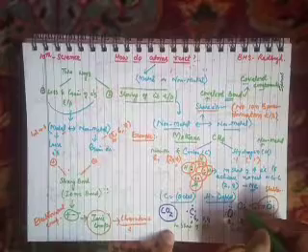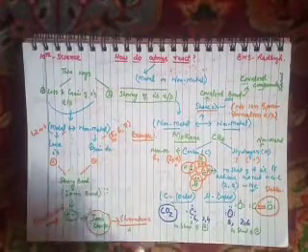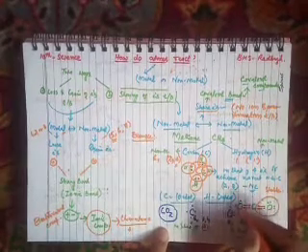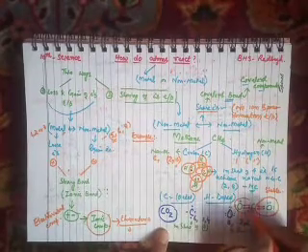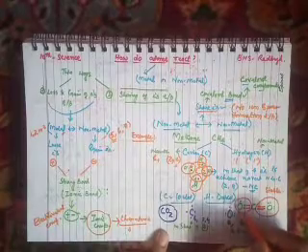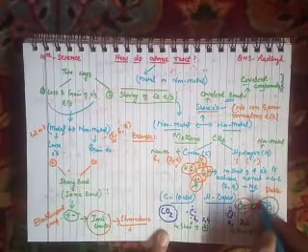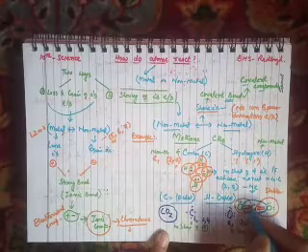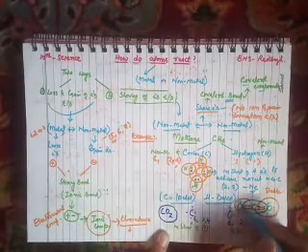It has 6 electrons, 1, 2, 3, 4, 5, 6, and again a double bond forms between the carbon atom and the other oxygen atom. So this oxygen atom now gets 8 electrons, 1, 2, 3, 4, 5, 6, 7, 8. This has also got the octet, and now the carbon atom also has 8 electrons. These are the 4 and these are the 4 electrons.